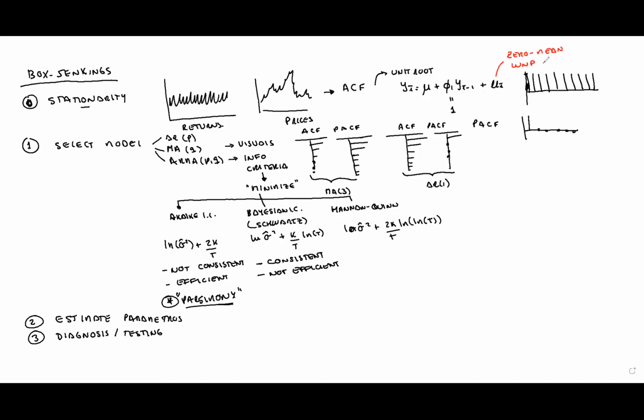The white noise process, guys, implies basically that the expected value of u_t is going to be zero, the variance of u_t is going to be a constant, and the covariance of u_t with u_{t-j}, for any j, is always going to be zero for all j different from zero. Got it? So there is no correlation, no covariance between the errors.